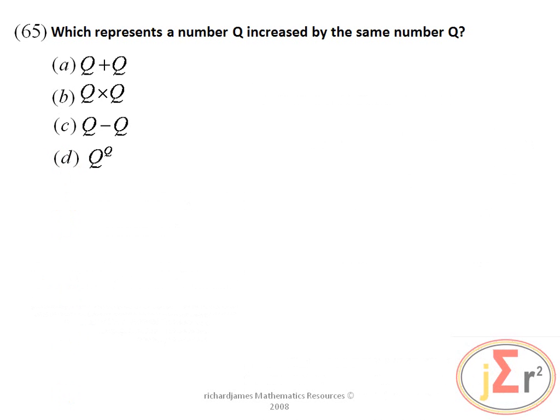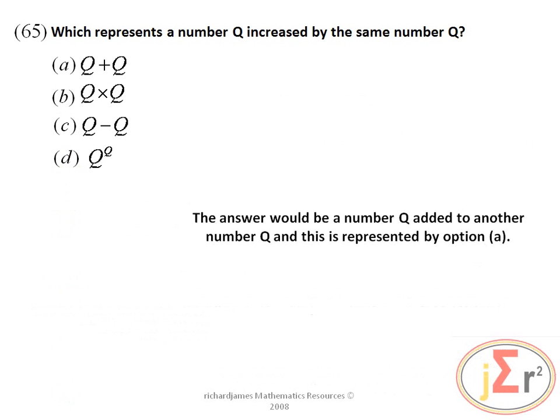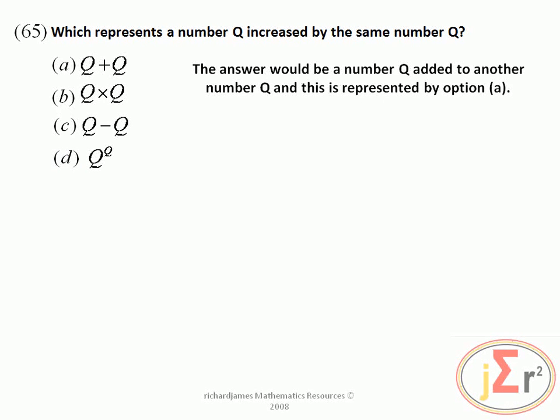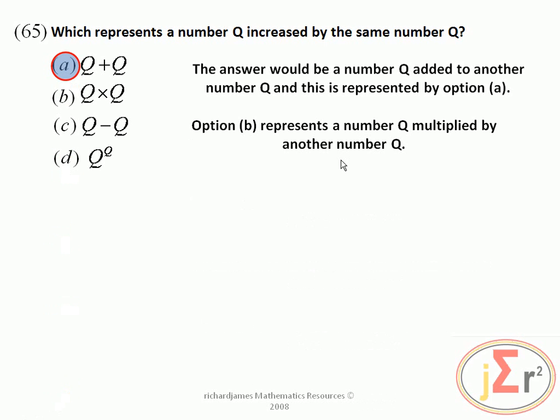Which represents a number q increased by the same number q? The answer would be a number q added to another number q, and this is represented by option A. Option B represents a number q multiplied by another number q.